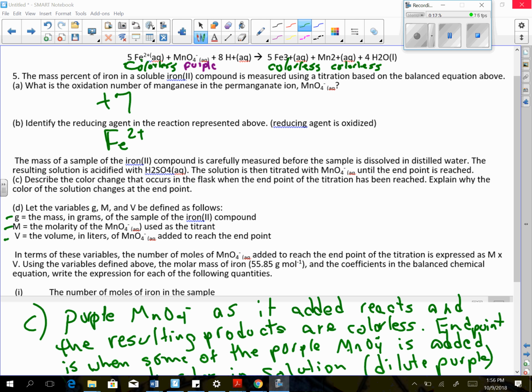Do we know the molar mass? Well, I know the molar mass of iron, right? 55.85. But we don't know the molar mass of our compound. And this G is for the compound. We know iron's in the compound. We don't really know the other things. So that is why we can't use G.